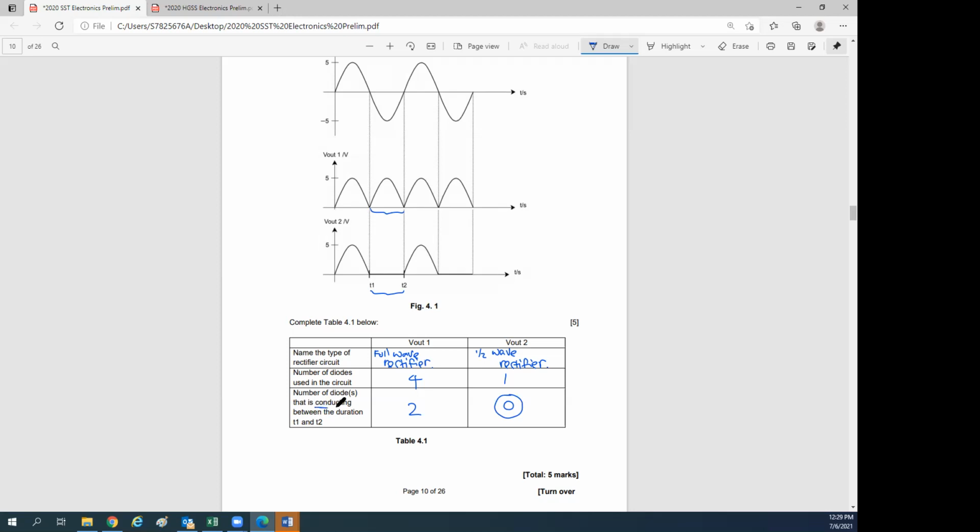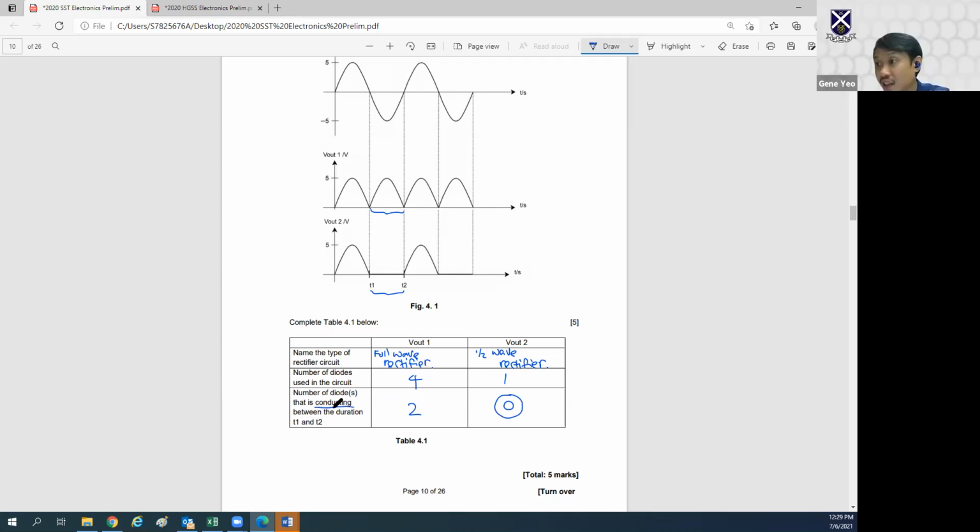Now, conducting. You have to know that, let me draw this one. So this is my V out, right?